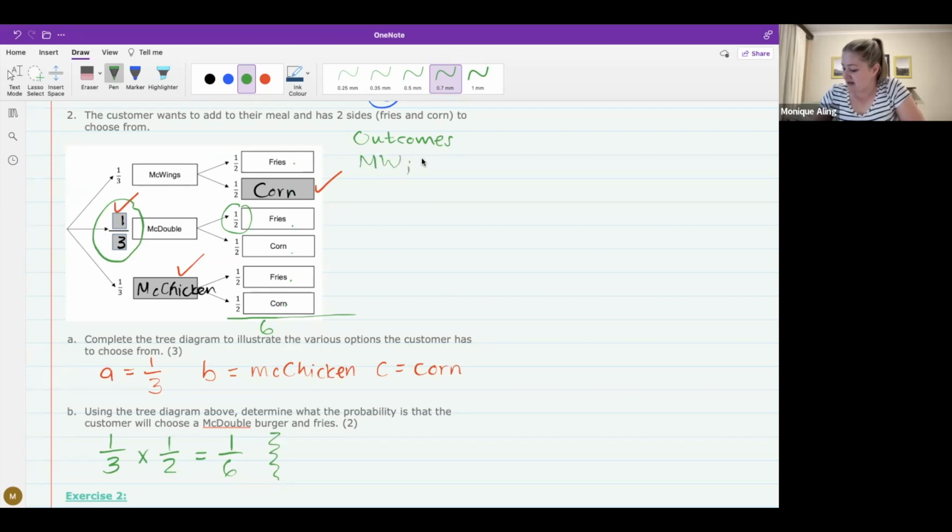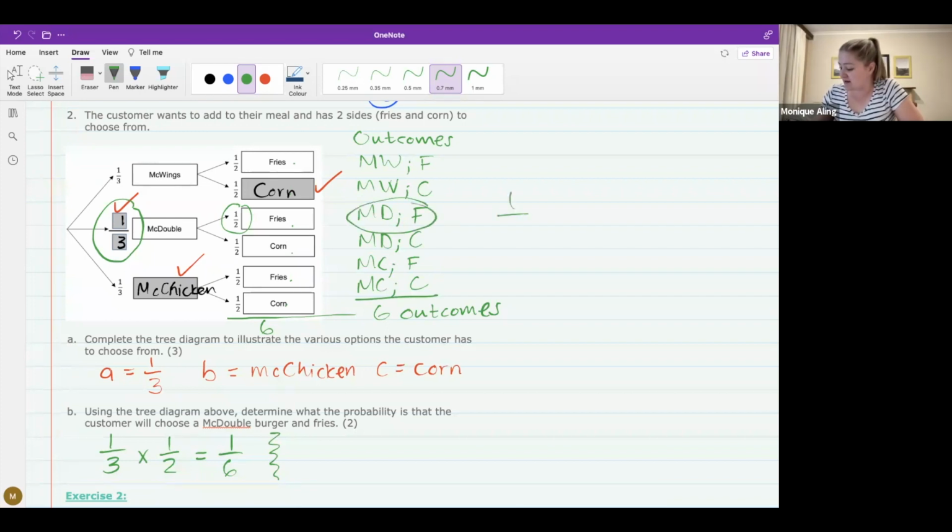Okay, so it would be Mac wings, fries, Mac wings, corn, Mac double, fries, Mac double, corn, Mac chicken, fries, Mac chicken, corn. 6 outcomes. Okay, and how many times do you see Mac double and fries? It's just the 1 out of the 6 possible outcomes.